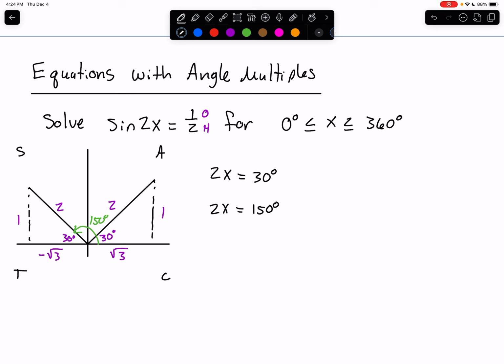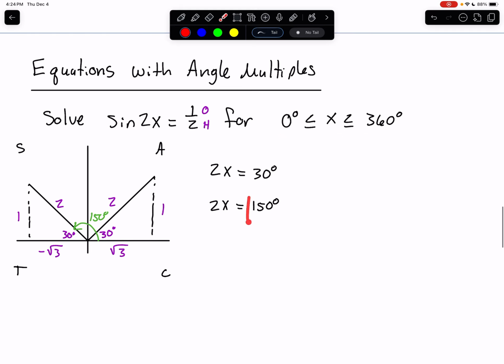Now, before I finish solving here, I want to think about if there are any more solutions in my interval. There are 2 different ways to think about how to find all of the solutions in the interval, because it might not just be these 2. I might have more, and in fact, I do have more.